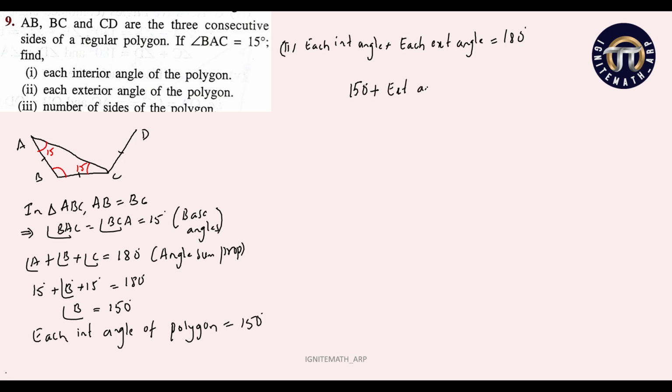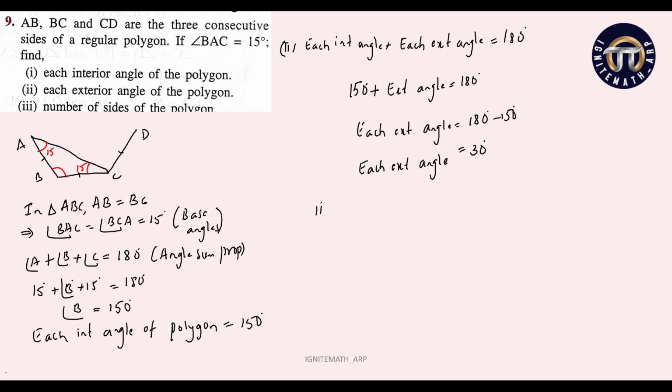Then exterior angle I'm supposed to find out. So I will get to know that each exterior angle is equal to 180 minus 150, that is equal to 30 degree. So each exterior angle is equal to 30 degree.